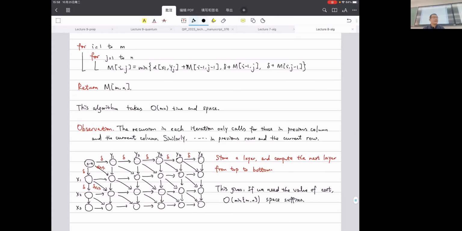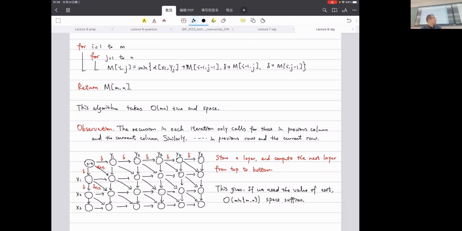So any questions for this observation and the corresponding discussions? You can clearly see that there is an idea of refreshing the memory here. It suffices that we only store 2 columns. At the beginning we only have the first column, and when it goes to the second column, we only have the values of the first and second columns.